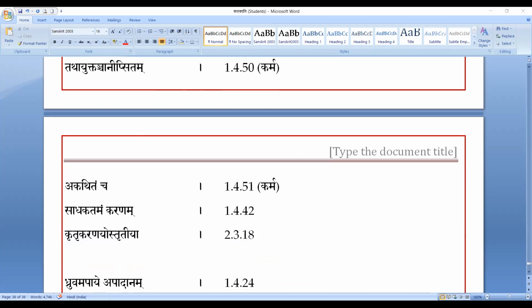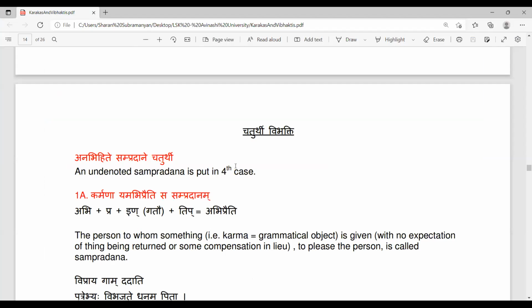For that, we can refer to the sheet. Their examples are there. The sutras are not there, I will explain. So next karaka, Sampradana Karaka. I'll show the file in a minute. Their sutra and meaning are also mentioned. Do you see the screen?